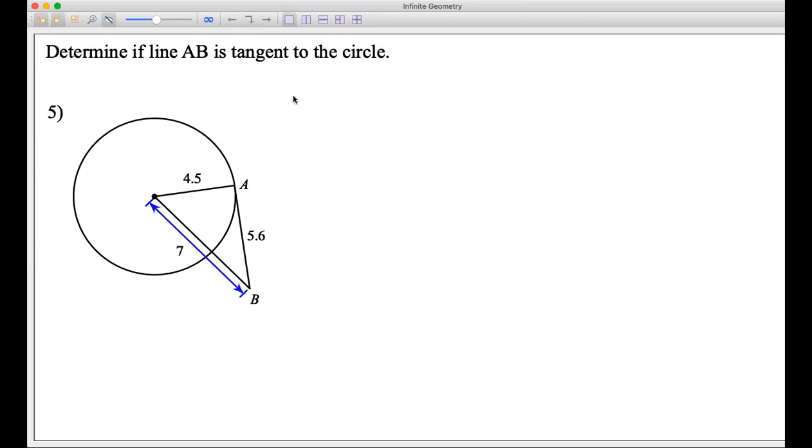Question 5. Everybody flip to 5. Wes, read it. Determine if line AB is a tangent to the circle. If it is a tangent to the circle, by theorem 9.1, what do you know?